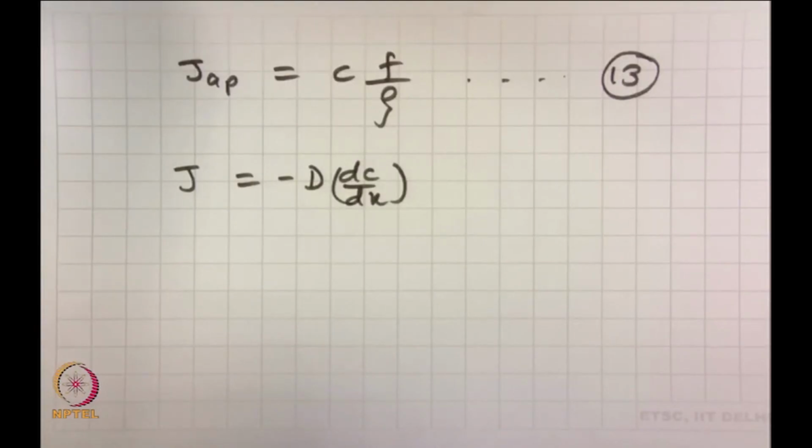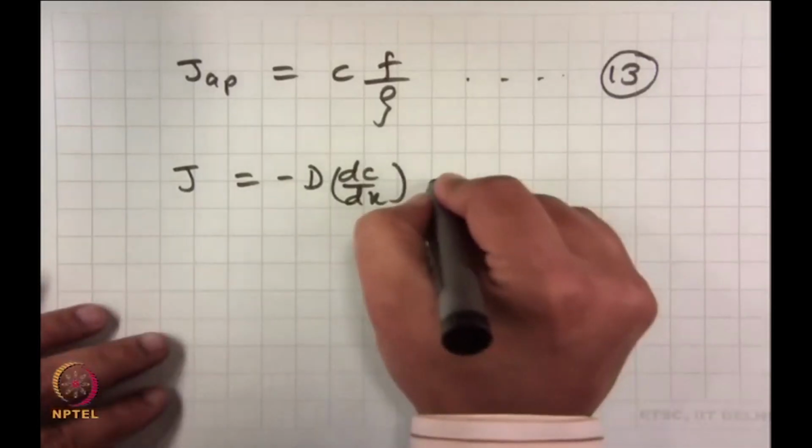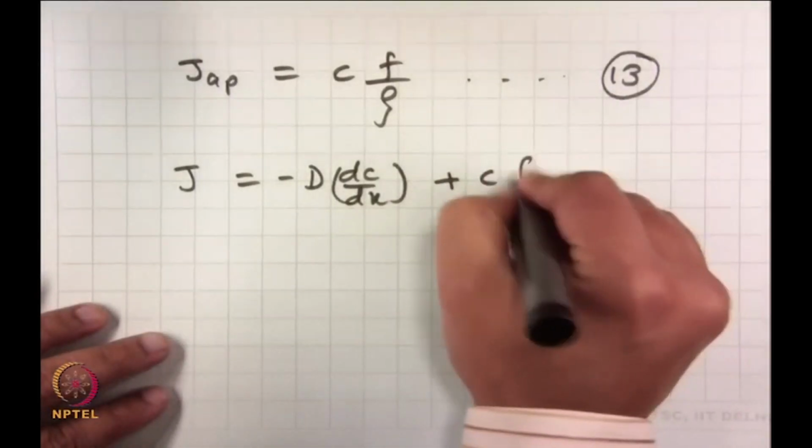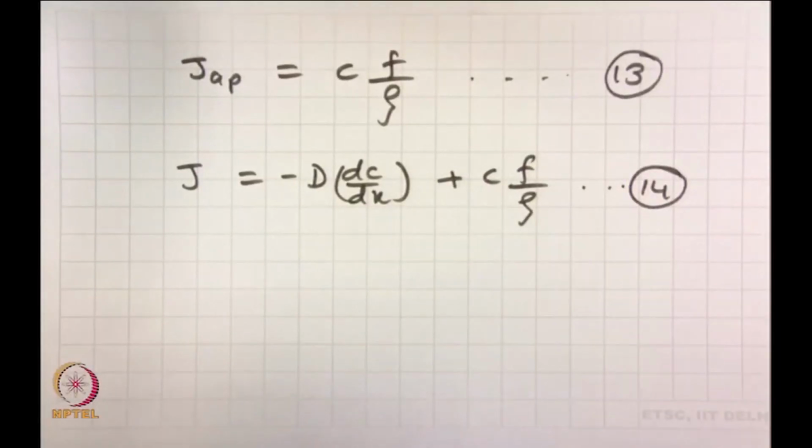If there was no concentration gradient, then the particles would not be diffusing in any particular direction. But then along with this, we have C F by xi. So, now your flux is made of two components, one is solely because of concentration gradient, Fick's first law, and the other one is because of friction, both will give rise to the flux.